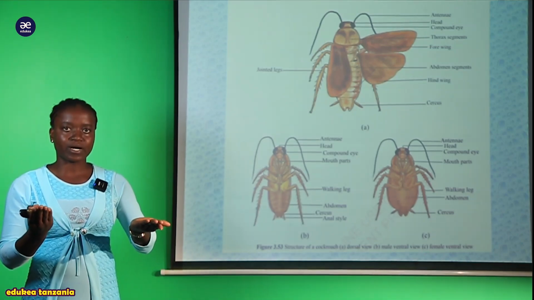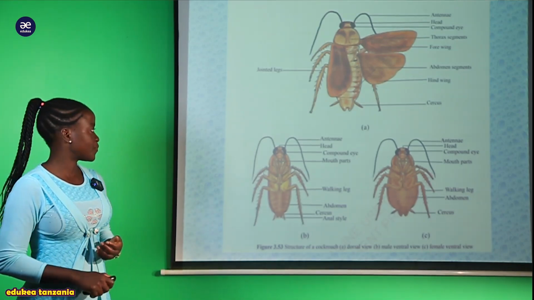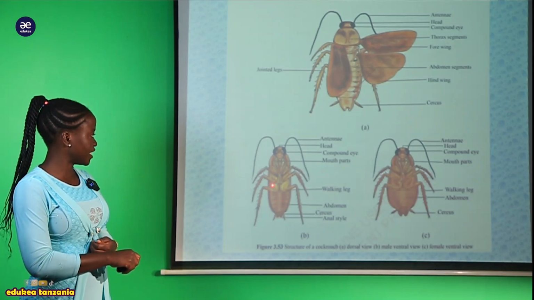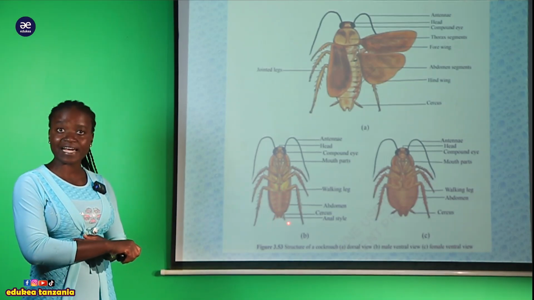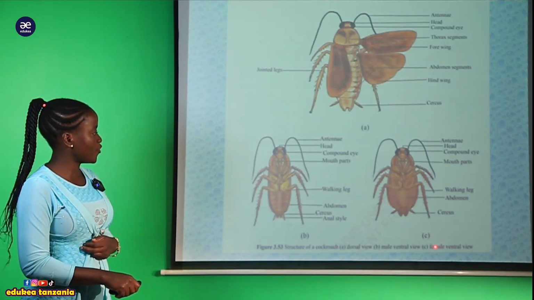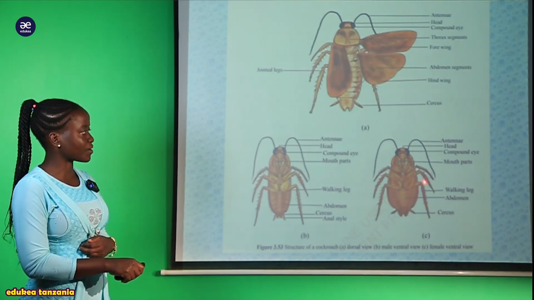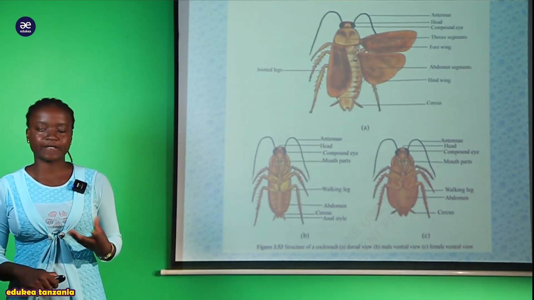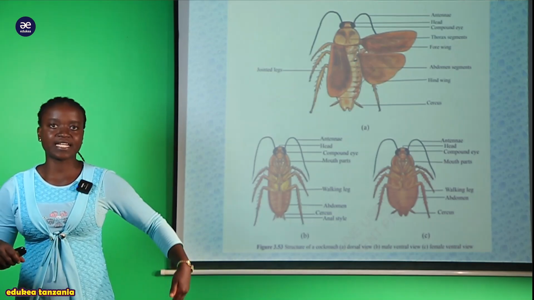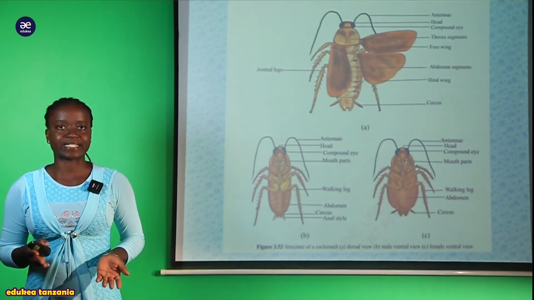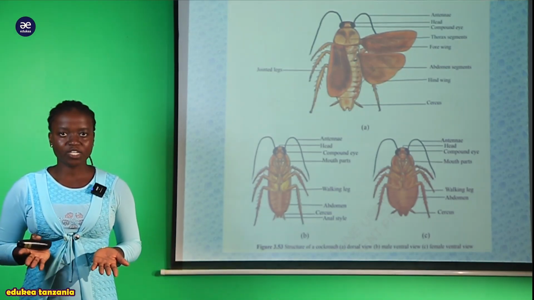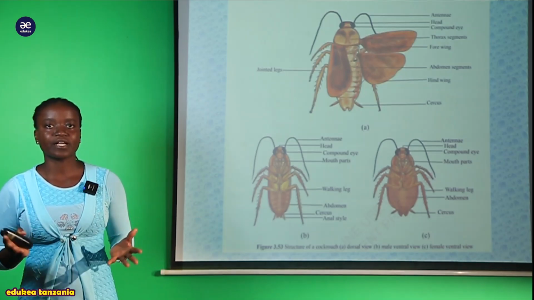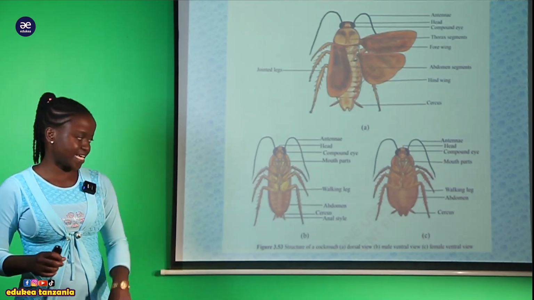Ukimgeuza yule mende kwa ventral side, ndipo ambapo utamuona hivi. Huku kwenye hii abdomen yake inakuwa ni very narrow, lakini ukija ukiangalia huyu female ventral side inakuwa ni wider. And within this female cockroach tunasema kuna pedicle plate. Ile pedicle plate ndiyo ambayo iko responsible kwa ajili ya kubeba ootheca ambayo tunaita ni eggs.